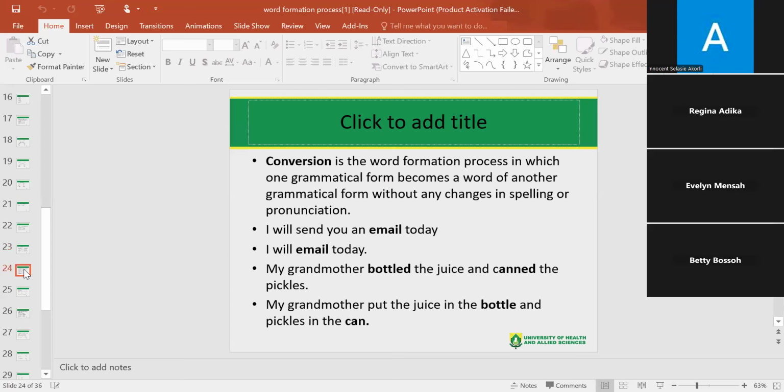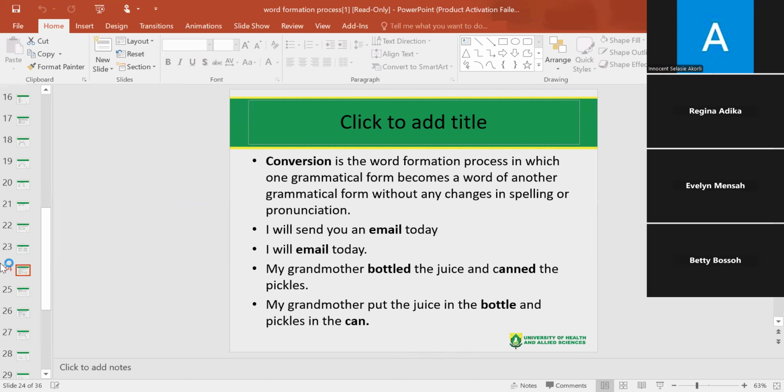The next process is called conversion. To convert something from one part of speech to another part of speech. Basically, that is conversion. What it means is that I can have a word, I can use it as a noun, or I can also use it as a verb.